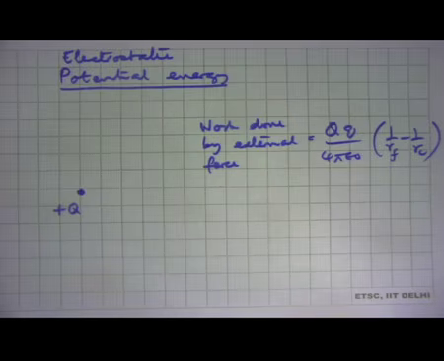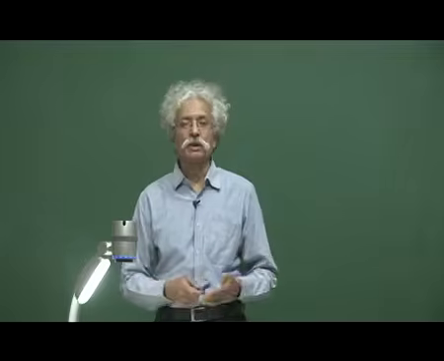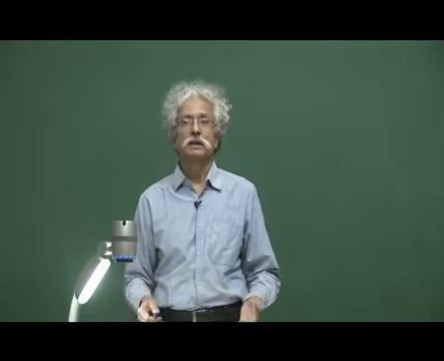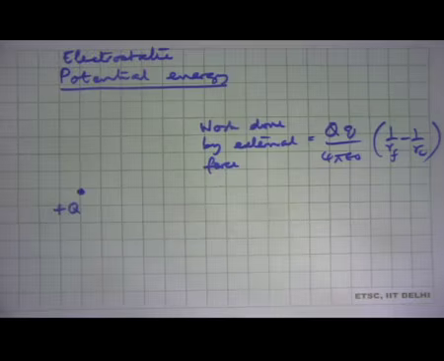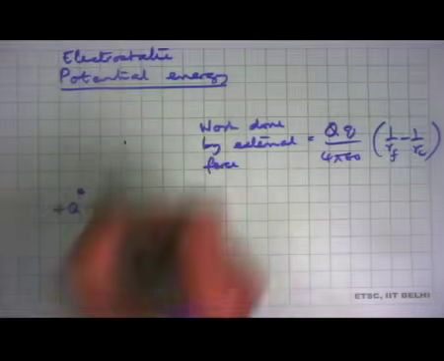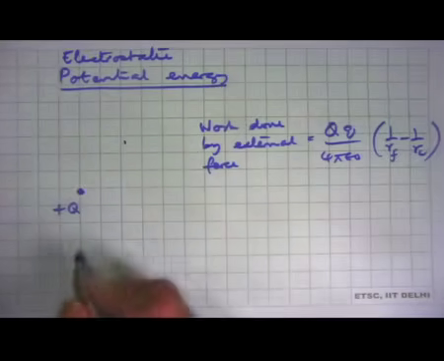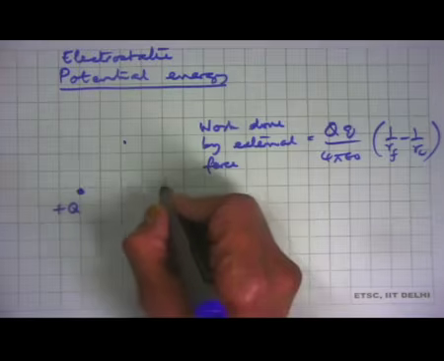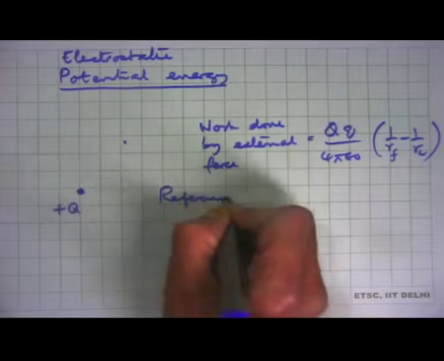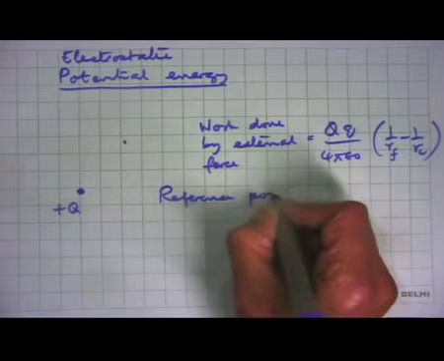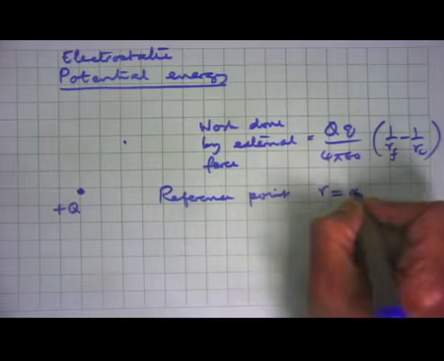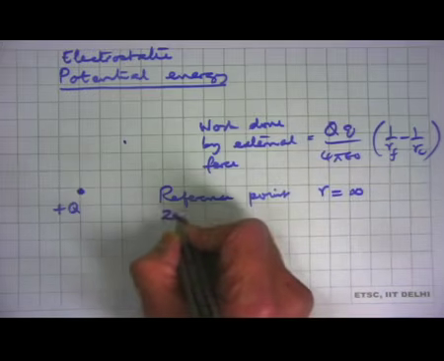Remember, in gravitational fields we define the potential energy with respect to some reference. Normally we say the ground has 0 potential energy. When I take an object up by a certain height, I do work on the object, and so potential energy is stored in the object. Similarly, we will define the electrostatic potential energy at any point with respect to a reference point, which is usually chosen at infinity, where the potential energy is 0.